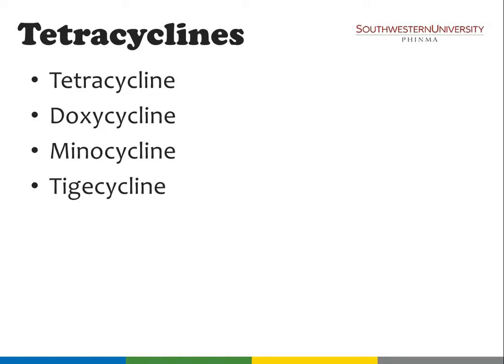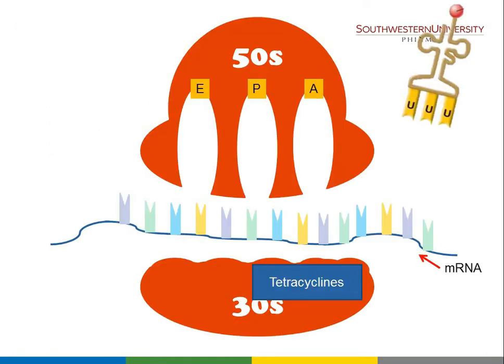It's very easy to memorize them because of their ending, which is cycline. For their MOA, basically, class, tetracycline binds to the 30S ribosomal subunit, and by binding to the 30S ribosomal subunit, it blocks the tRNA from binding to bring in your amino acid.